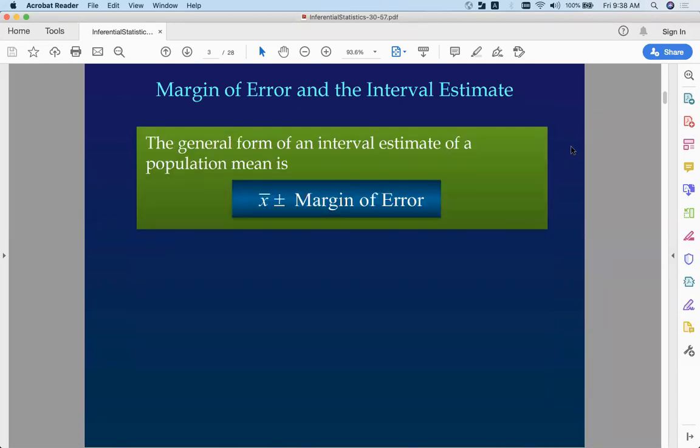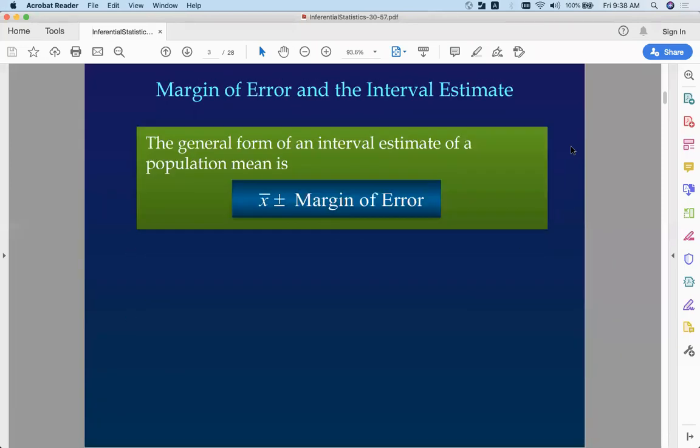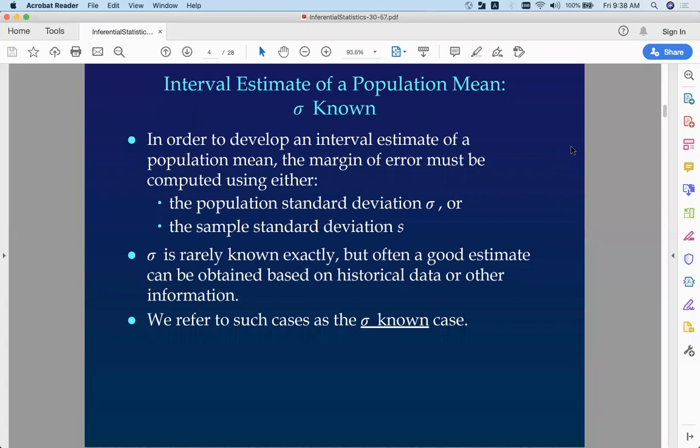In order to develop an interval estimate of a population mean, the margin of error must be computed using either the population standard deviation sigma or the sample standard deviation, small s. Sigma is rarely known exactly, but often a good estimate can be obtained based on historical data or other information. The first example I'm referring to is called the sigma known case.